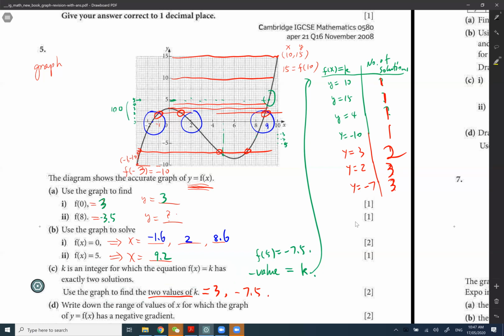No, it's negative 8.5, because negative 7.5 is just in the middle here. This one below it is negative 8.5. The question is not perfect. They ask you for an integer, but we got one that is not an integer.